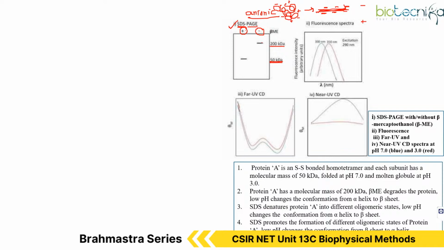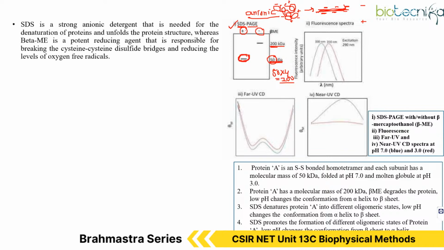So the molecular mass of the protein is 200 kilodalton, but when you treat it with beta mercaptoethanol, the disulfide linkages are broken, which means the protein might comprise several subunits. Because 50 kilodaltons indicates what? 50 into 4 gives you 200. So 4 subunits are there, and they are not different, they are the same, right? Because we are getting a single band. That is only possible when all 4 subunits are the same.